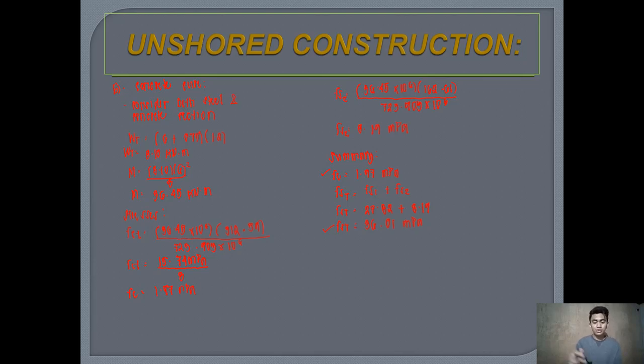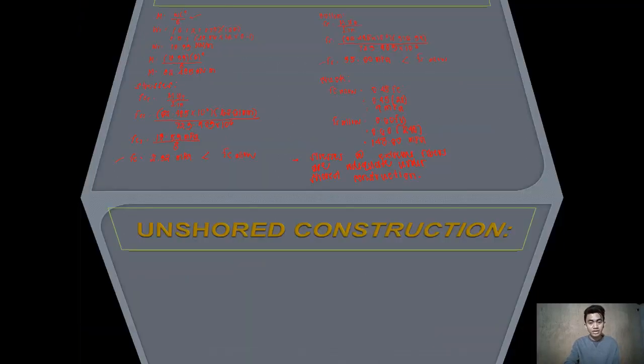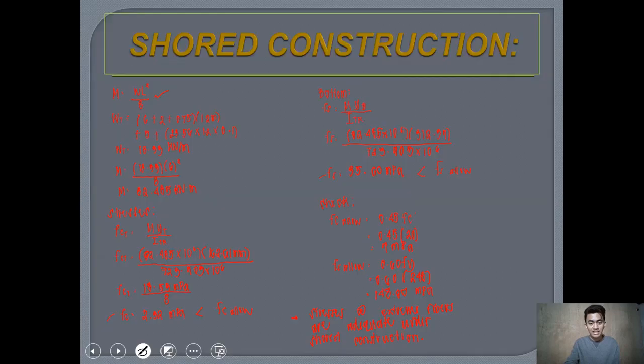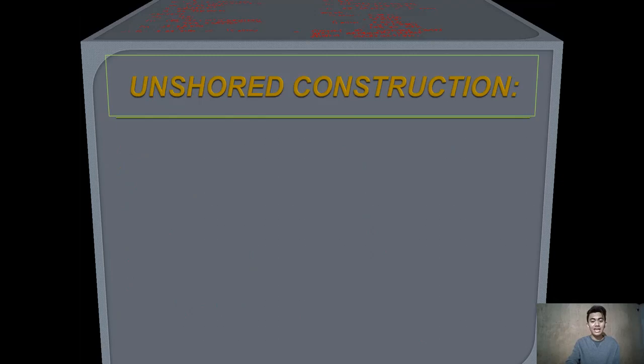So checking it using the allowable stresses, wherein we have already computed that a while ago. So FC allowable is 9 and then Fs allowable is 148.80 megapascal.